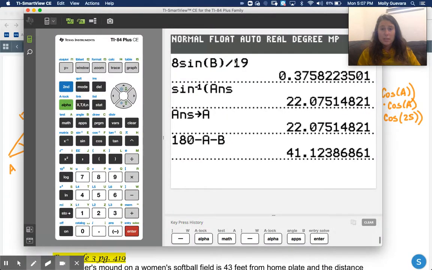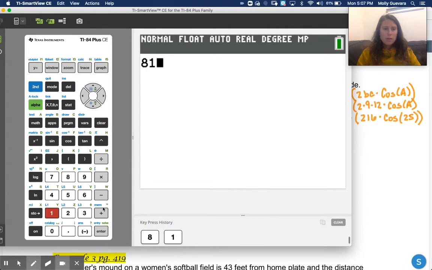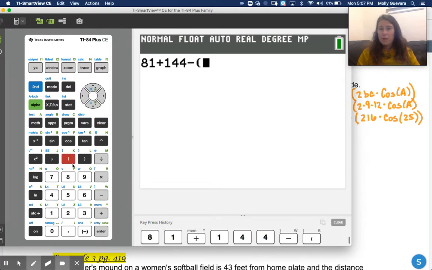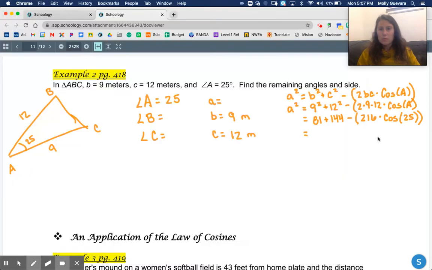So I have 81 plus 144 minus parenthesis 216 cosine of 25. Close your parentheses. You can just enter the whole thing into your calculator as long as you're careful with these parentheses. I hit enter and I get 29.24, let's just say.